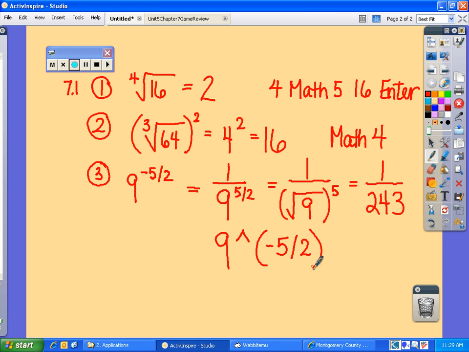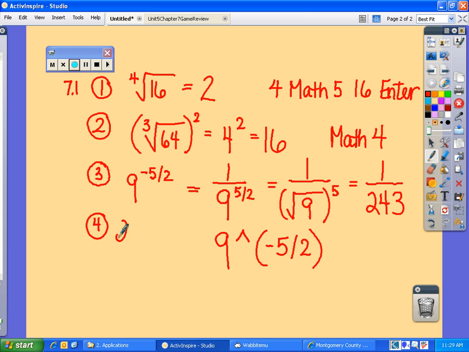Also remember that if our answer was to have a radical or a rational exponent in it, then you should match your answer to the form of the original problem. So if your problem started out as a radical, your answer would be in radical form. If it started out with a rational exponent, it would be in rational exponent form.